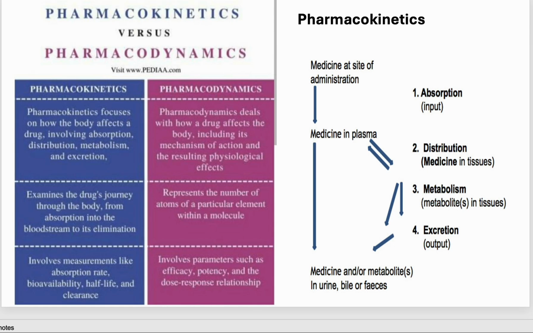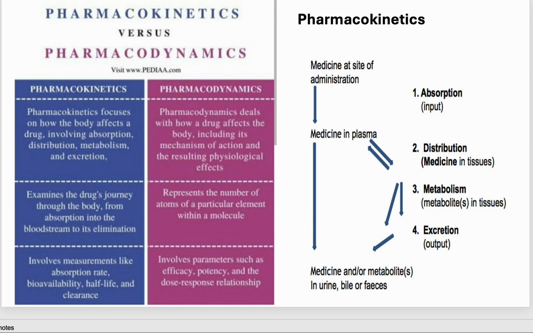You can see on the right side we have written pharmacokinetics. It starts when the medicine is administered. The medicine goes into plasma via the process of absorption. That's called input.